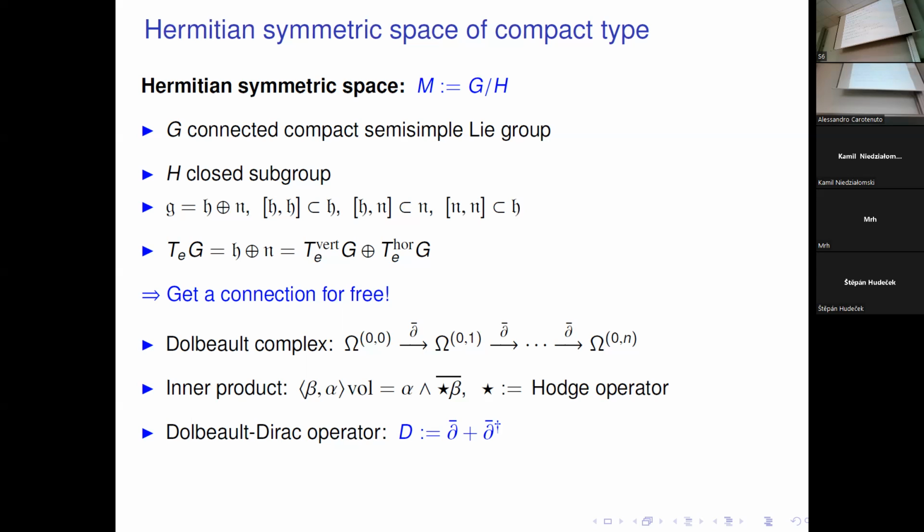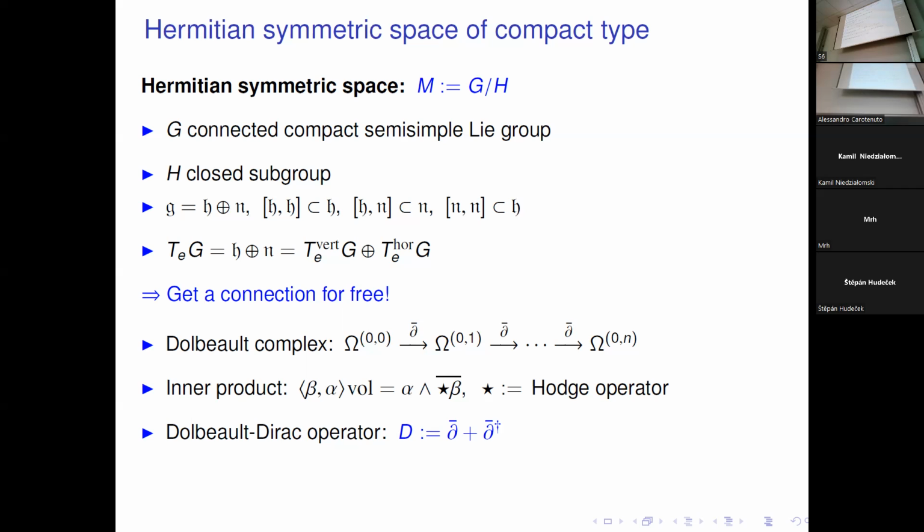This is the reason why constructing Dirac operators on Hermitian symmetric spaces is much easier, and that is the reason why the Dolbeault complex works and gives us what we are looking for, a first order elliptic differential operator. What we need is some additional structure, an inner product, to get a Hilbert space, and the operator we are looking for is given by this delta bar and its adjoint.